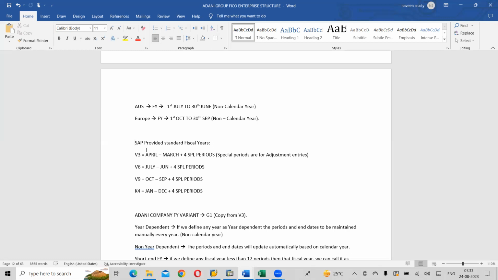I'll explain what the different attributes are. Clear? However, SAP is facilitating us with an already provided variant. We can copy that variant and rename it according to our company code, or we can directly use this particular variant. Is that clear? Any questions here?